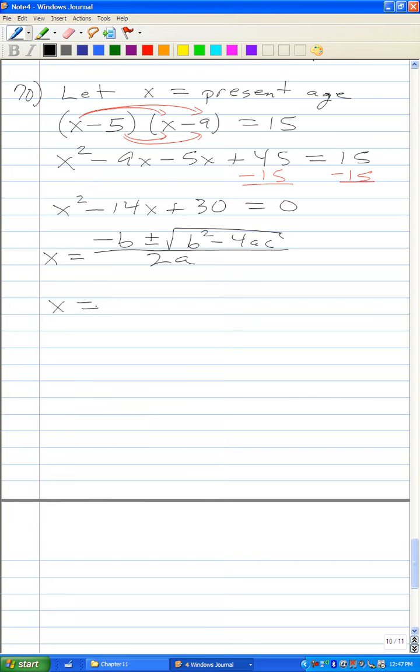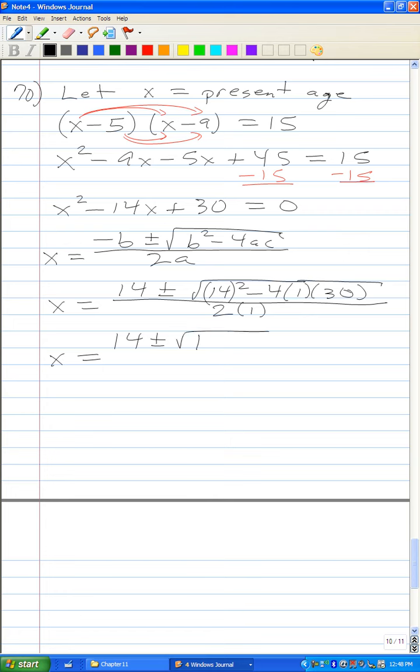So x is equal to negative, negative 14, plus or minus the square root of 14 squared, 196, minus 4 times 1 times 30, negative 120, over 2.